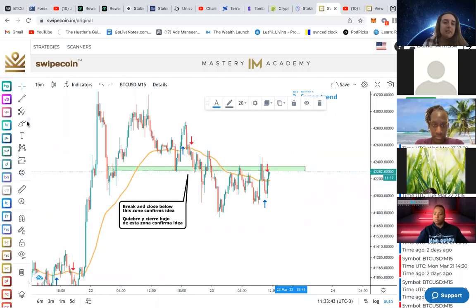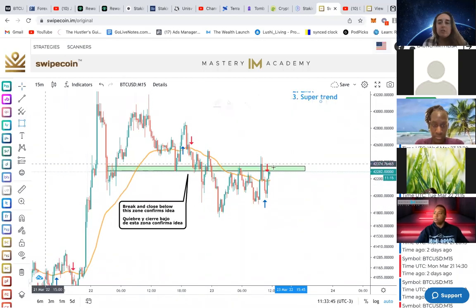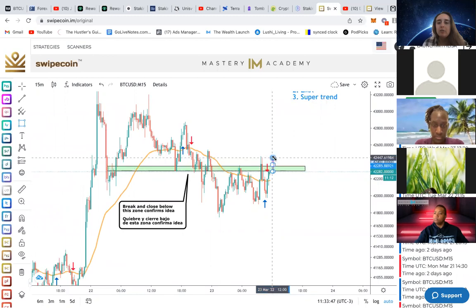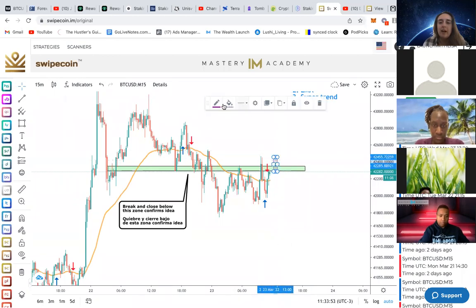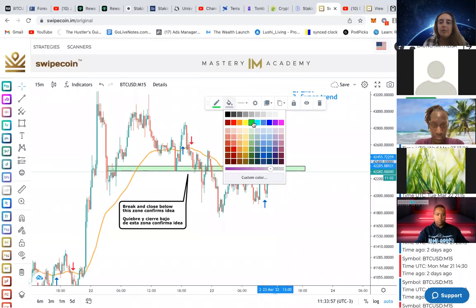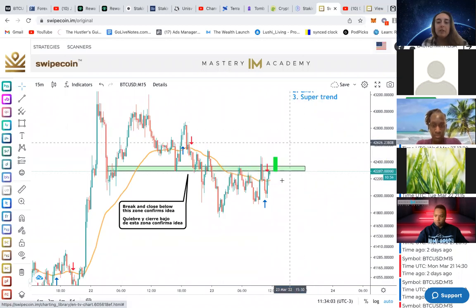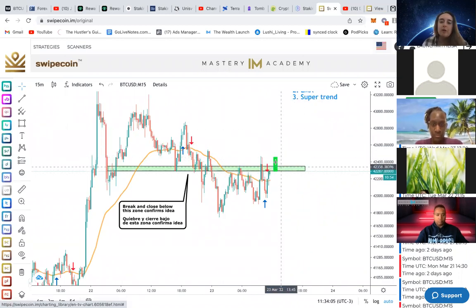It means that we want to see a full body candle come like this and close, not a purple candle. Let's make it green. There we go. And close above there, above this box, right?